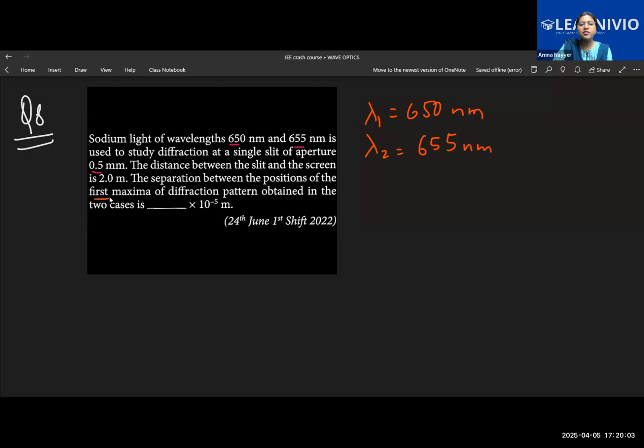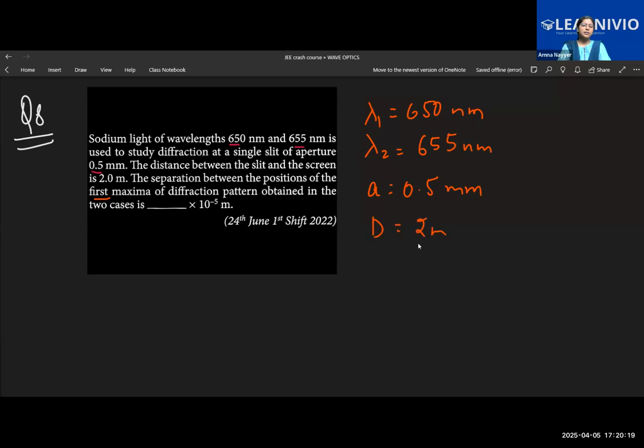The aperture is 0.5 millimeters. Capital D is given as 2 meters, right?